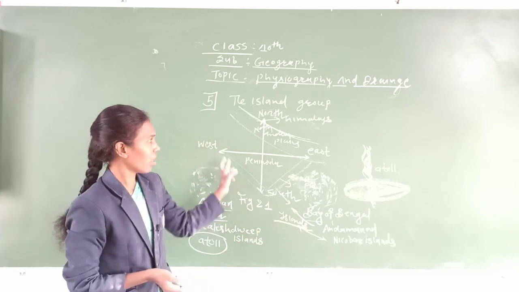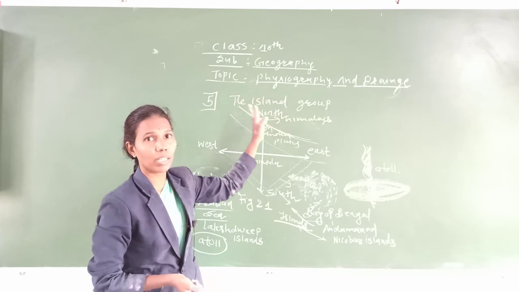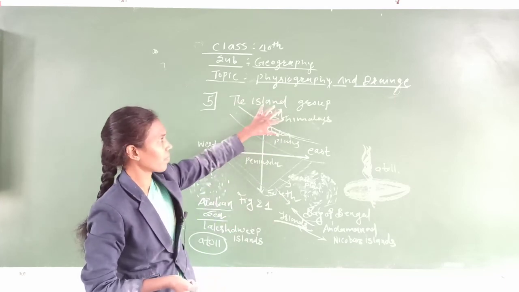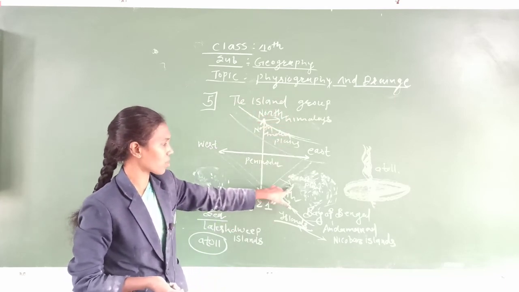Correct the spelling of coastal plain. So in this way we conclude that the physical division of India has 5 types: Himalaya, North Indian Plain, peninsula, coastal plain and island.